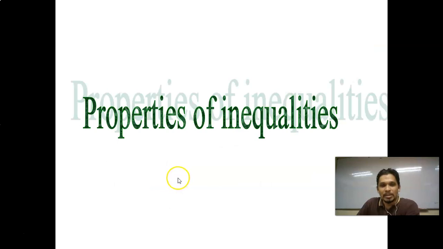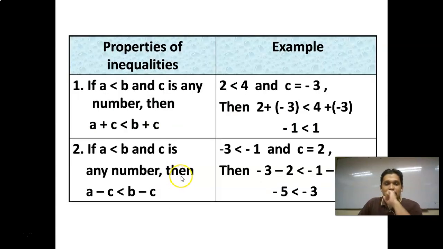Properties of inequalities. I'm not going to explain everything. I do hope that all of you understand that where a is less than b and c is any number, a plus c is less than b plus c. Just an example here: if a equals 2, b equals 3, where 2 is less than 3, and c equals 4, for example, then 2 plus 4 is less than 3 plus 4.